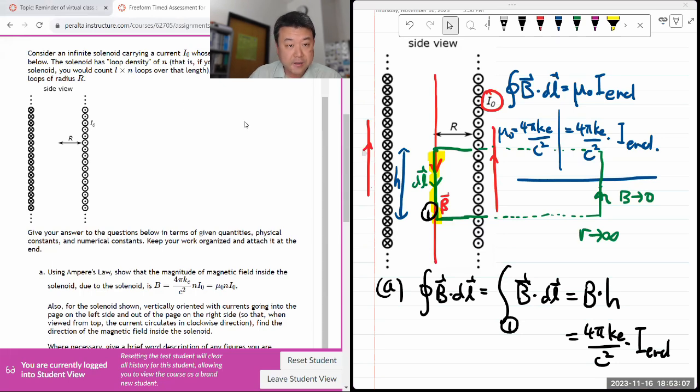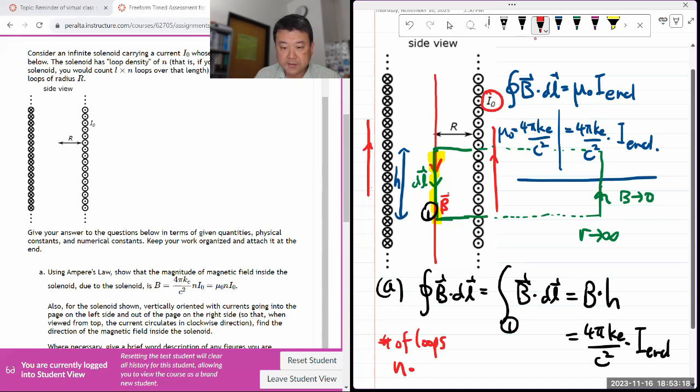So if I'm counting the number of loops, the number of loops would be the density times the height, h here. So I naught times nh will give me the enclosed current.